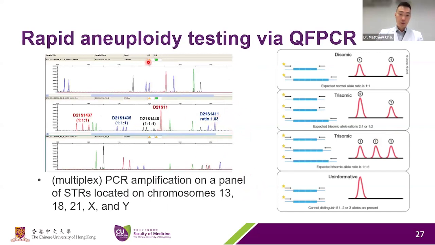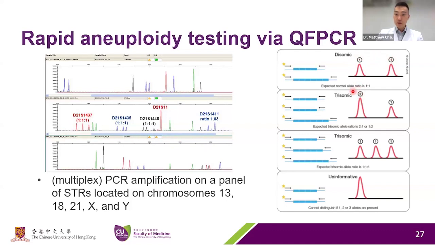One example would be to use a panel of STR markers located on the common aneuploidies, so 13, 18, 21, and also the sex chromosomes. And by counting how many peaks you see, you can then detect either a gain of the entire chromosome or a loss of those chromosomes. So in normal situations, we have 2 copies of each autosome, and you can see 2 peaks like this.